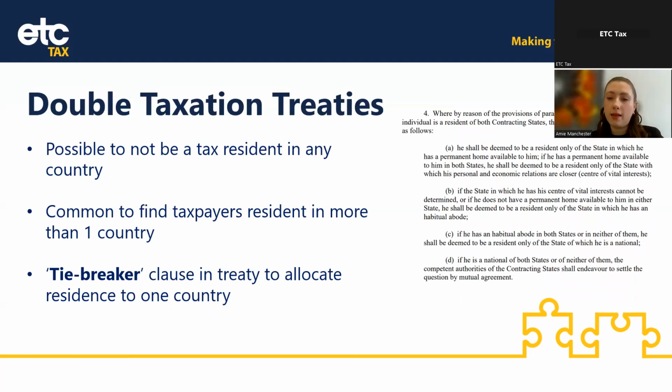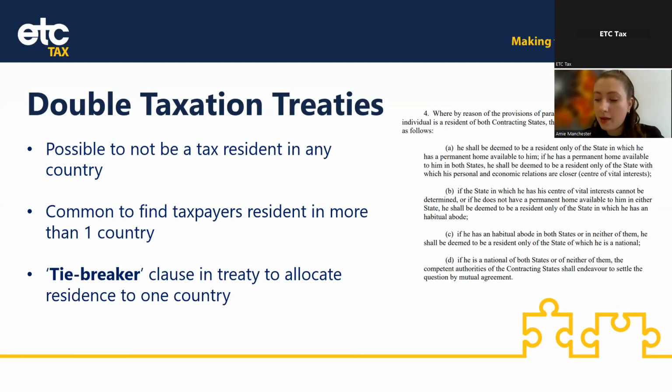Ahead of this, as I mentioned earlier, we would need to look at the domestic rules in each country to determine whether the client is a resident under the country's domestic legislation. If so, and there's a tax treaty in place between the 2 countries, we can then look at whether we can allocate treaty residence per the treaty.